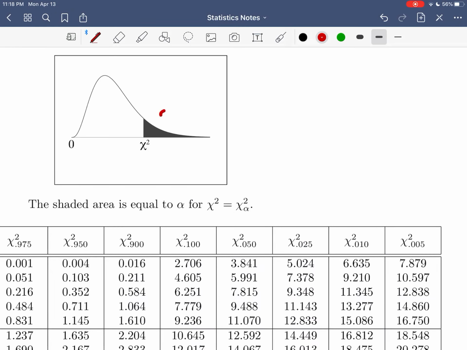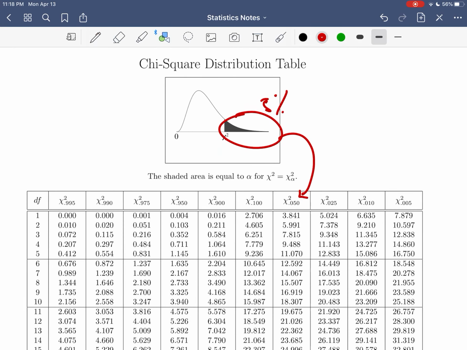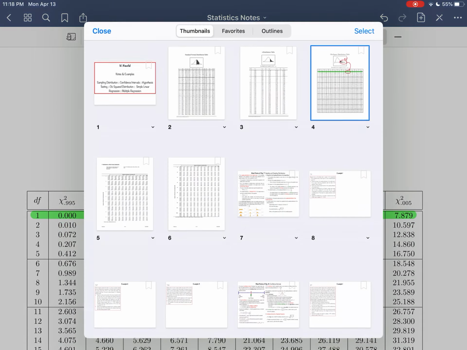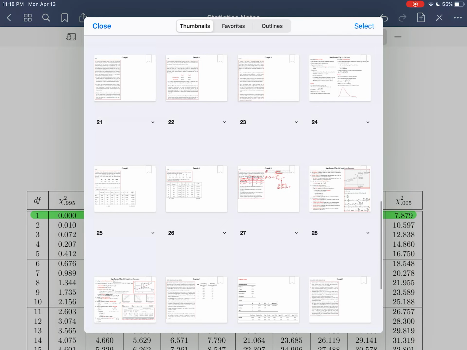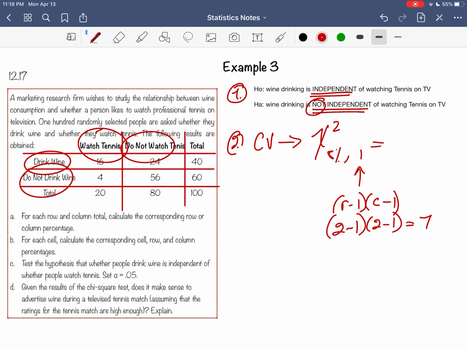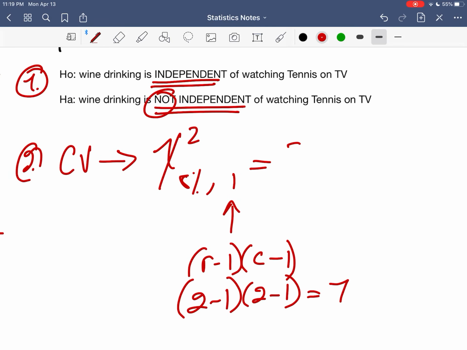We need 5% in the tail. We take this column and we take the first row. Which gives us 3.84. So we know it's 3.84.